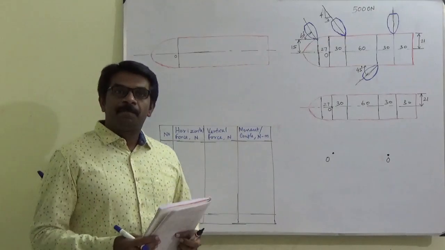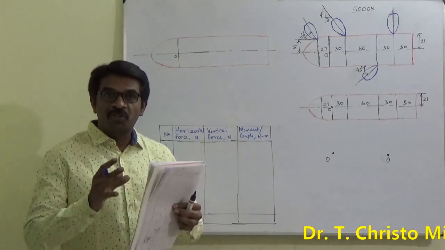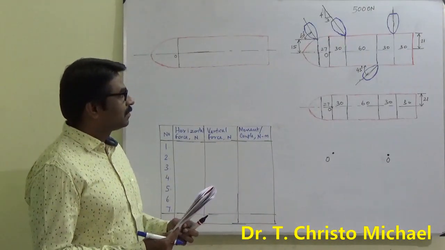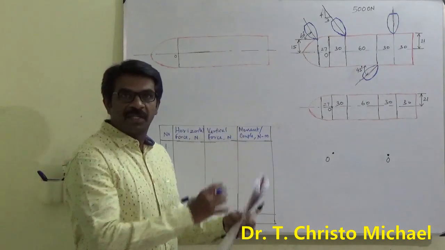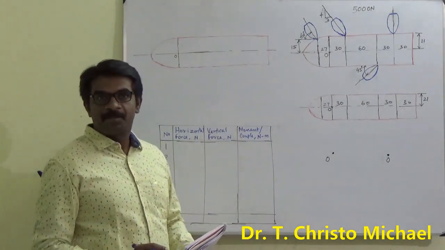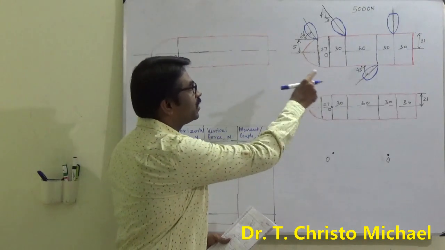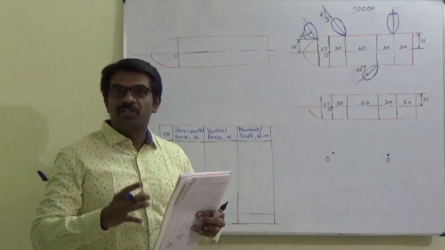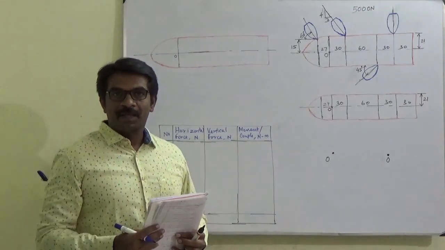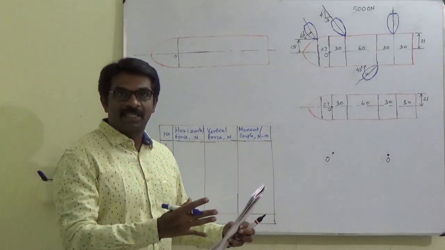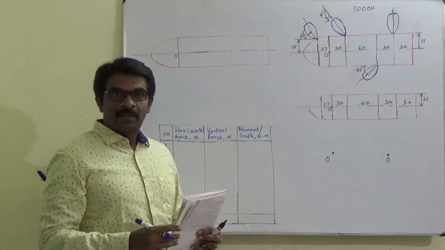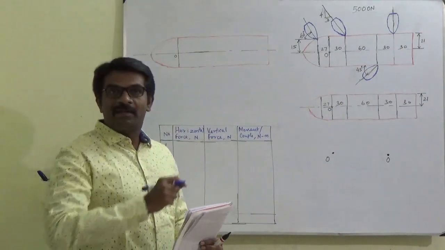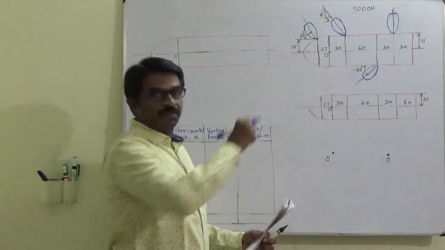See this problem. An ocean liner is kept in its pier using 4 tugboats. A normal passenger ship, a big ship, is placed in the pier using the tugboats.